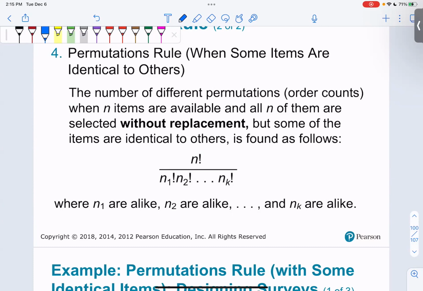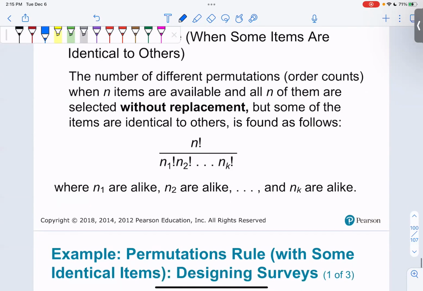So in this case, it will be 7 times 6 times 5, and you can find this number, which is 7 times 5 times 4 times 3, if we have some items exactly the same. And you will see one more example here.